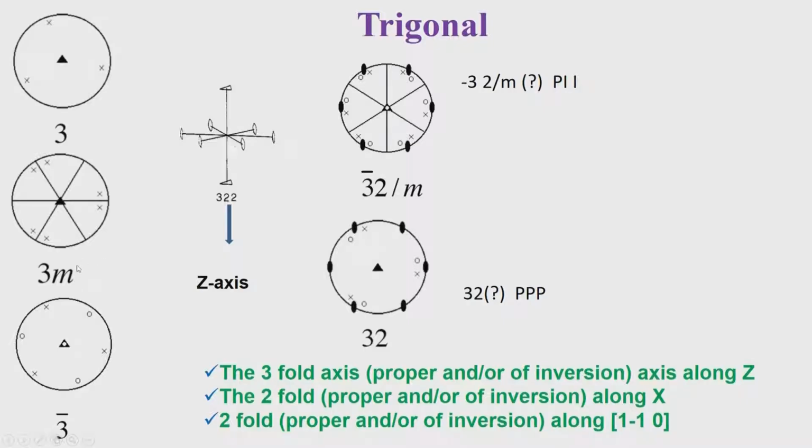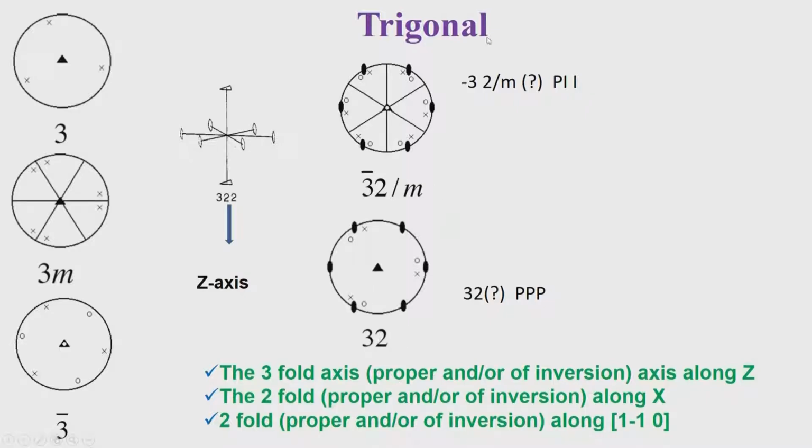So, obviously the third one will also be an improper axis, which is not represented generally. And 3 bar 2/m now represents the presence of 3 bar and then a 2/m, which is proper and improper simultaneously, and then the last one, which is 3 2.